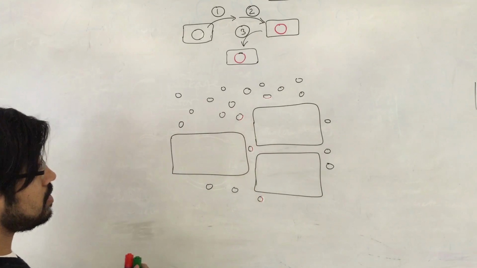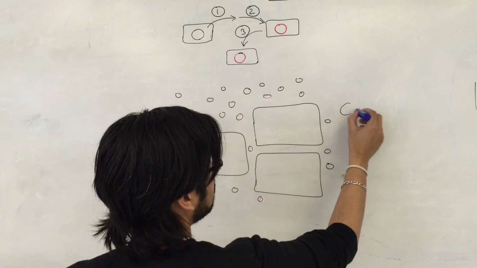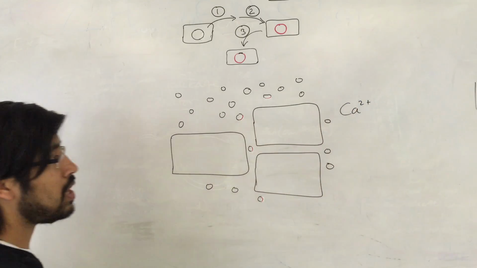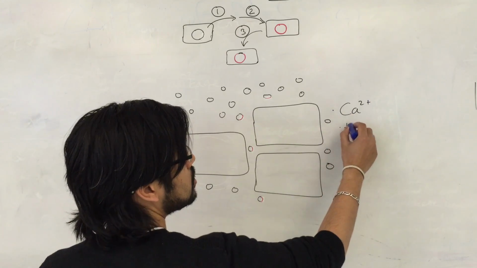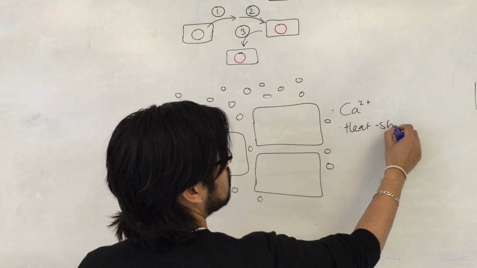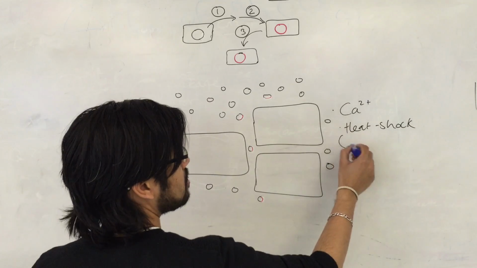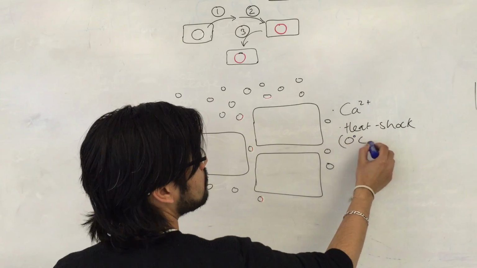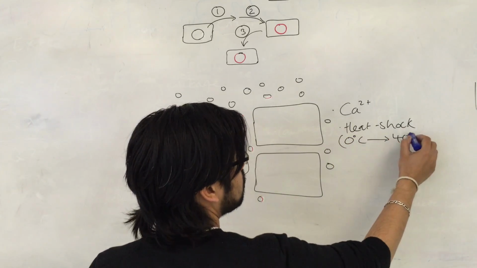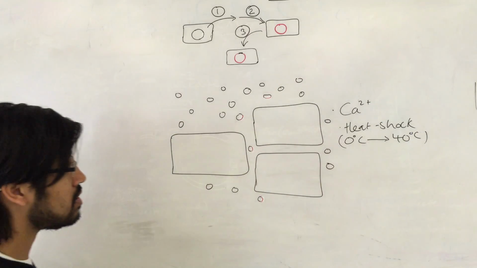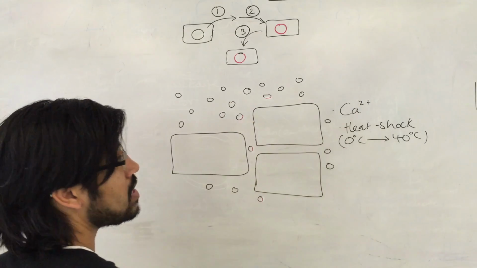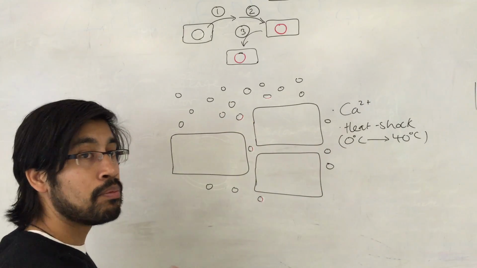Now, in the presence of calcium ions and something called a heat shock, that's basically going from very low temperatures to much higher temperatures very quickly, under those conditions bacteria tend to take up DNA a bit more.